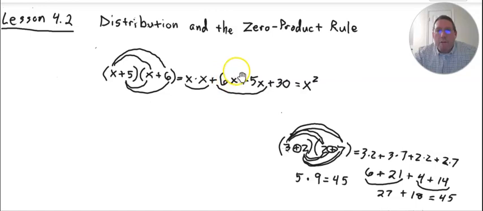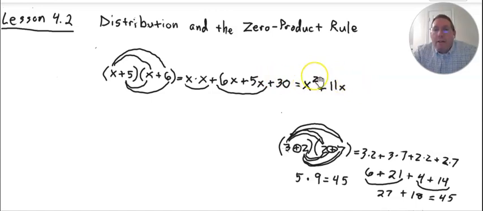So this is x to the first power. This is x to the first power, okay? So what we're going to do is add the 6 and the 5. 6 plus 5 is 11, and then it's just going to have an x on it, an x to the first power. So plus 11x.